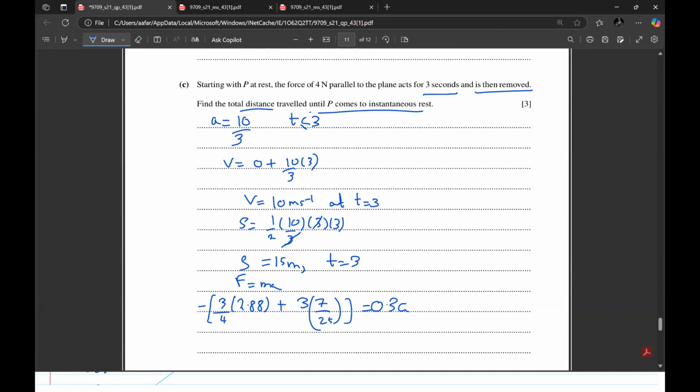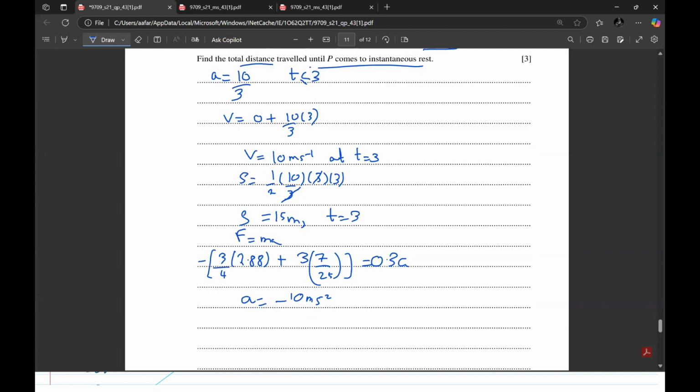Quickly calculated, the acceleration is negative 10 meters per second squared. Let's put this into the equation. The initial velocity is 15, sorry, 10.